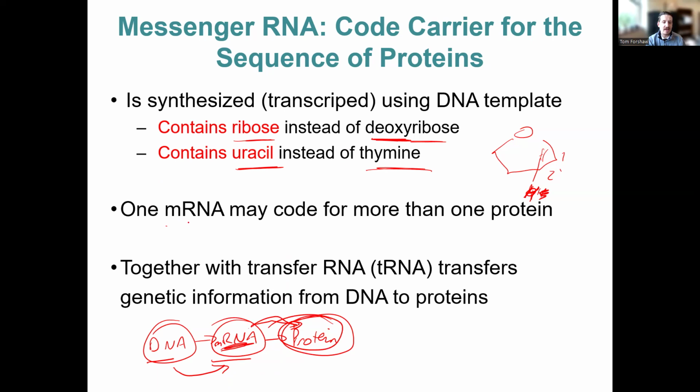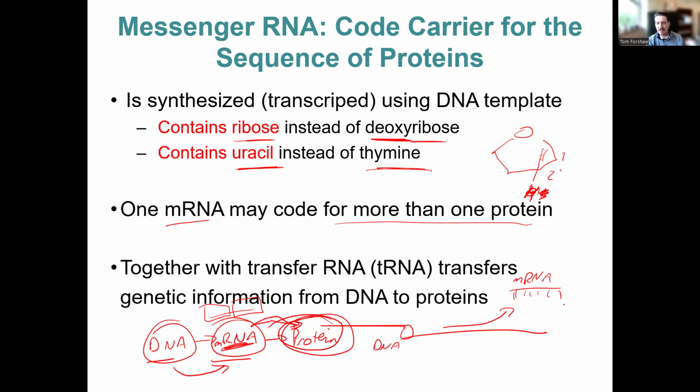So one mRNA can sometimes code for more than one protein, because one section is transcribed into an mRNA by a transcriptase enzyme, and that may contain 2 genes or more. That's called polycistronic, and then that may be turned into multiple proteins.